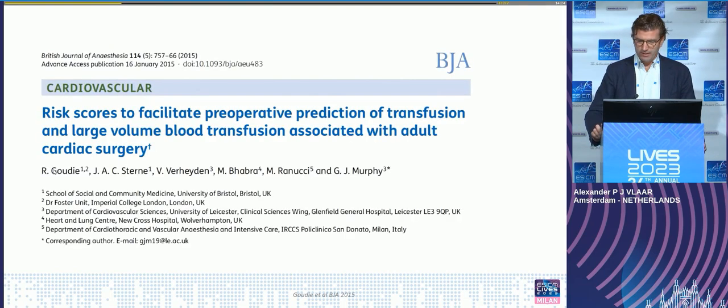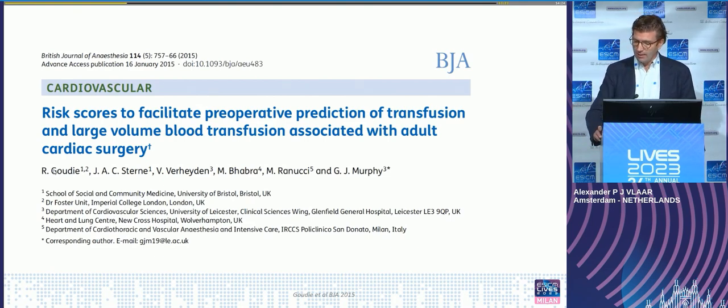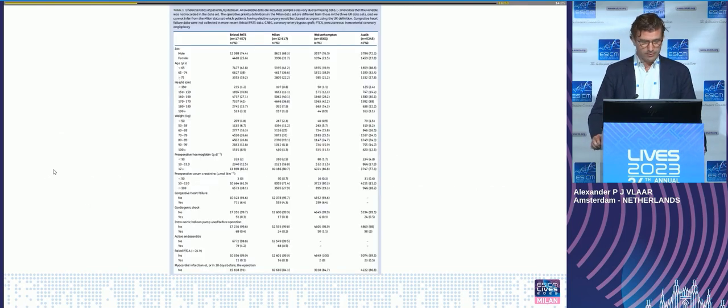Do maybe additional testing. This is the group of Gavin Murphy in the UK. He has used large databases to see whether, on information already available before the operation, you could predict any red blood cell transfusion in cardiac surgery patients, or a large volume of at least 4 units of red blood cells. A prospective data set of several consortia, summing up to almost 40,000 patients, in which they did an internal validation.